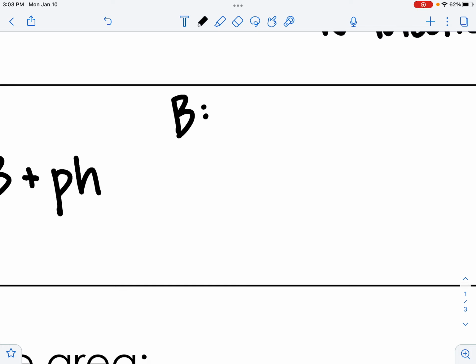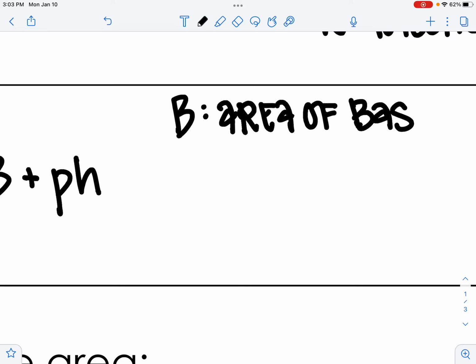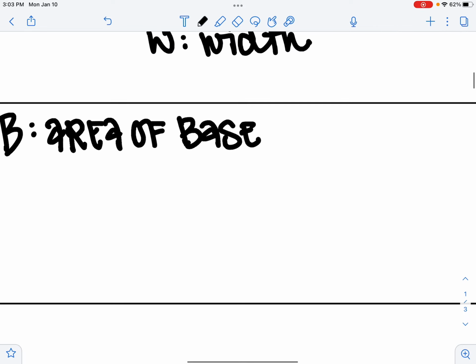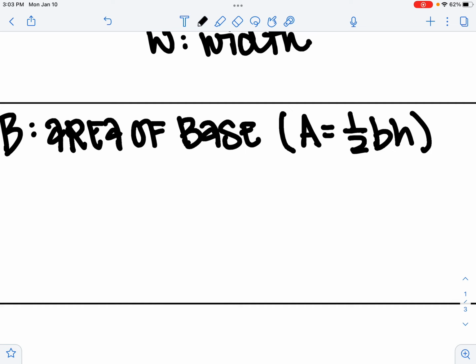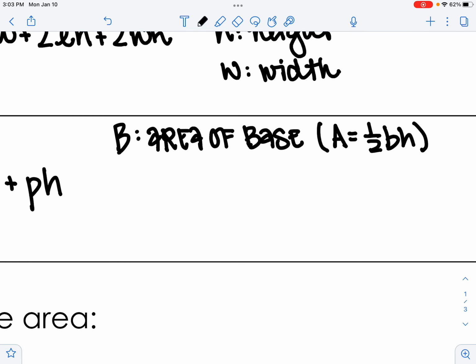The B here stands for the area of the base. And if you remember, the base has to be the triangle. So what we're really going to use in this formula is our triangle formula for area, which is 1/2 base times height. So for big B, essentially you just find the area of the triangle.